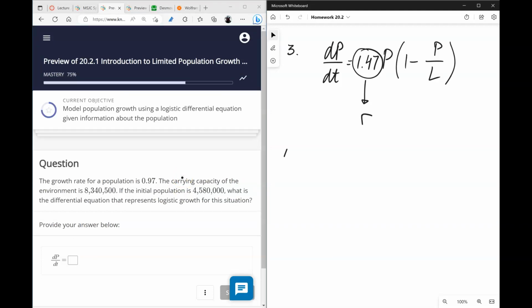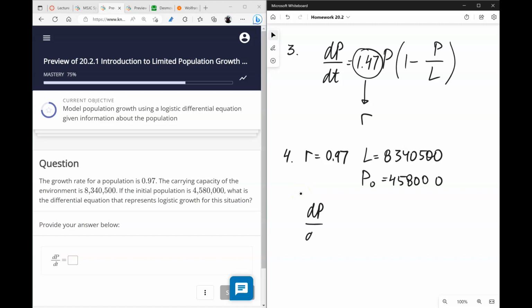Now, in this question, we're given everything. And what is the differential equation? So we just need to write the equation. The equation will be this.